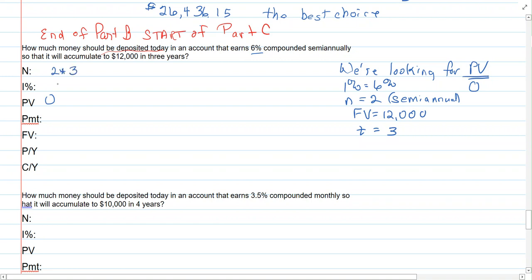Our I percent is 6. We don't know our present value. We're not making payments, but we know our end balance. And we know that this PY and CY are semi-annual. And of course, when we get to it, we're going to do the alpha solve right here.